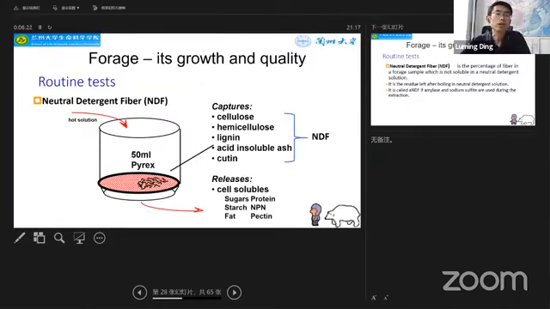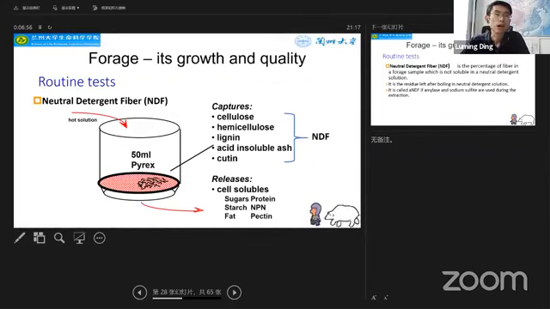Neutral detergent fiber, NDF, an important item, can be determined by washing the forage with NDF solution. The cell solubles are released, and the residue is NDF. It has cellulose, hemicellulose, lignin, acid insoluble ash, and cutin.